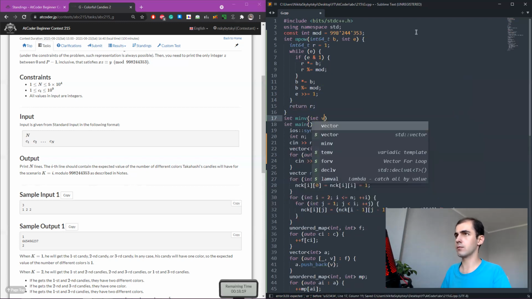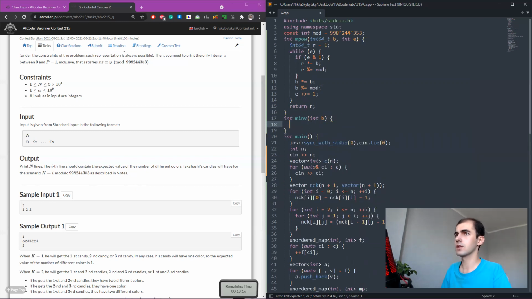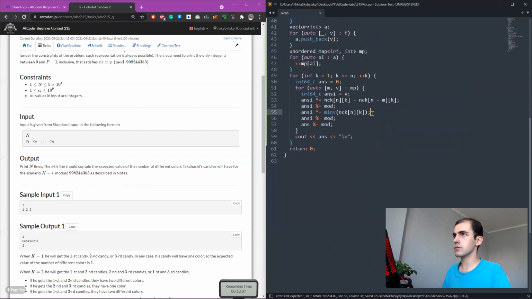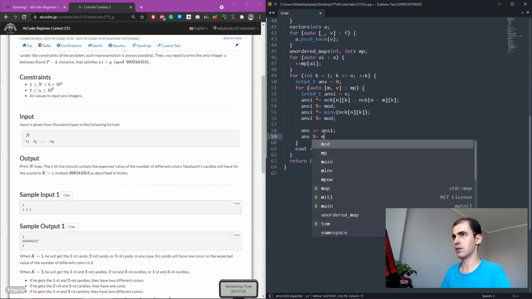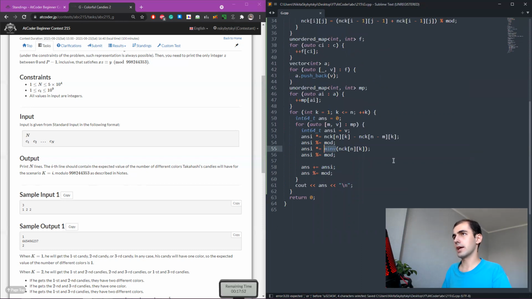Okay, now we have base here, but we don't have the modular inverse. We return modular power of b, mod minus 2. It's quite common. Plus equals c. Okay, we have the modular inverse.